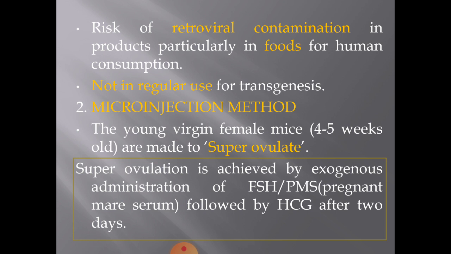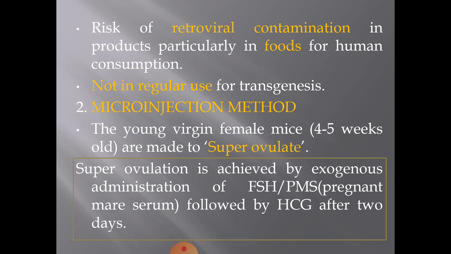What is this superovulation? Normally in one estrous cycle I told you they produce 4 to 5 ova, but you can always make them superovulate in the sense you can give hormones from an outside source. This can be achieved by exogenous administration of hormones.